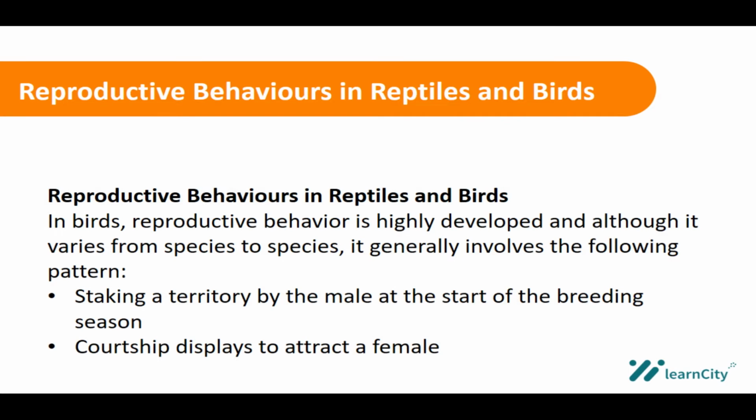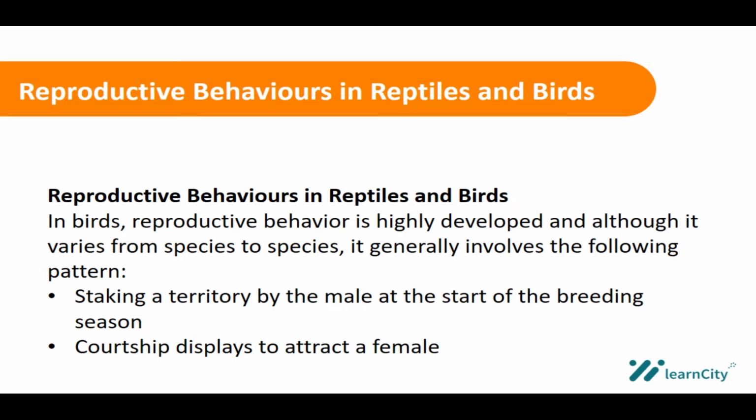Now, in birds, reproductive behavior is highly developed, but it varies from species to species. It involves the following pattern. First is the staking of a territory by the male at the start of a breeding season.